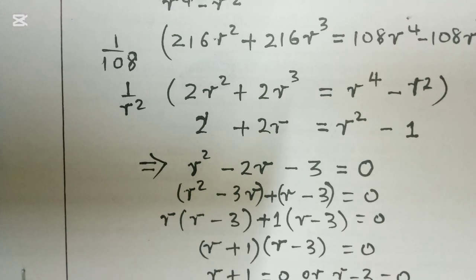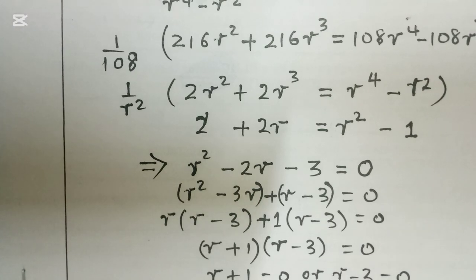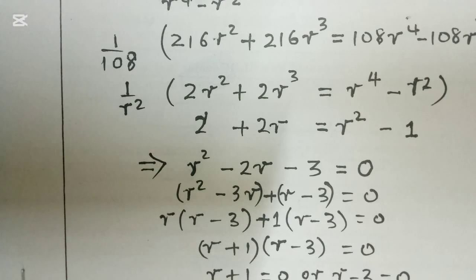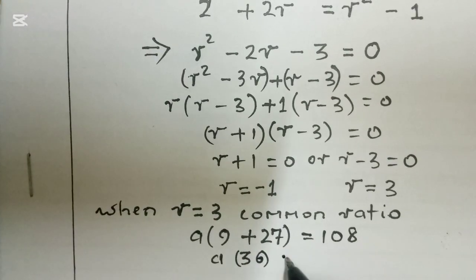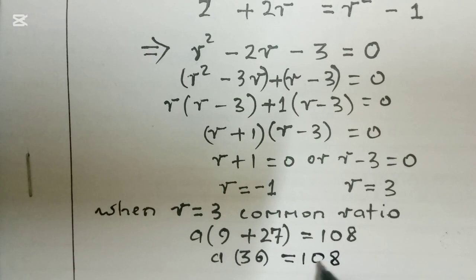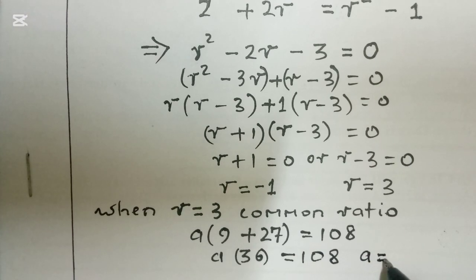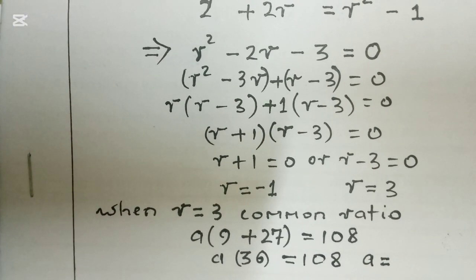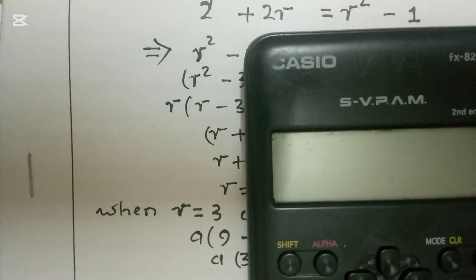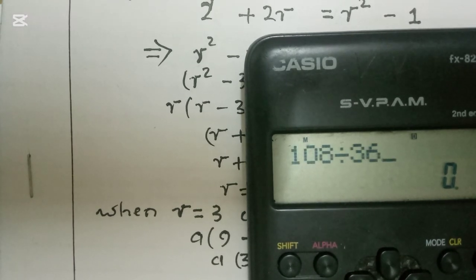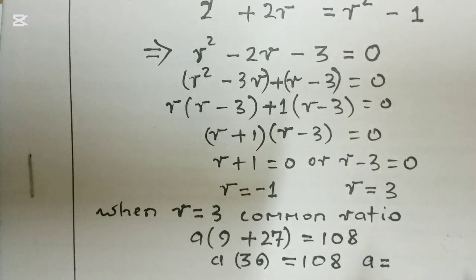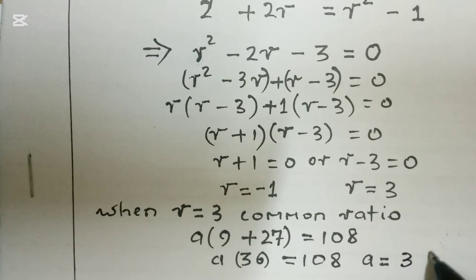Like that. This one gives us 108. So that now we'll have a, here we have 36, equals 108. And so therefore a is going to be equal to 108 divided by 36. That gives us 3. So guys, we are going to have our first term as 3.